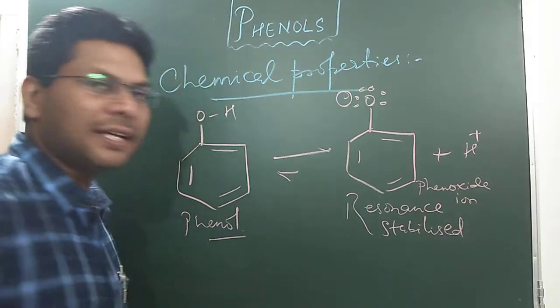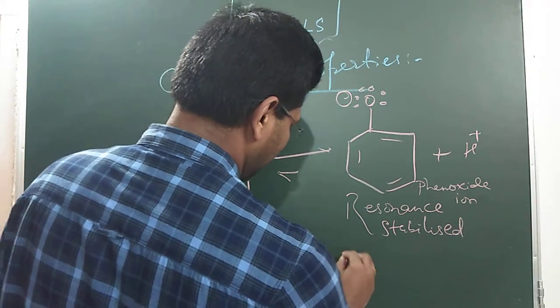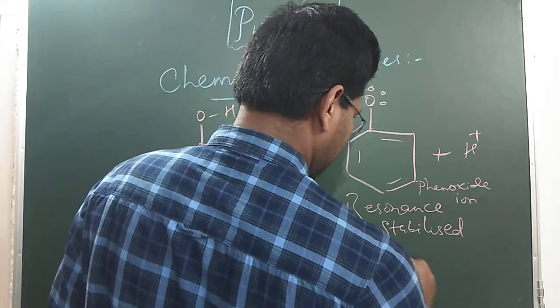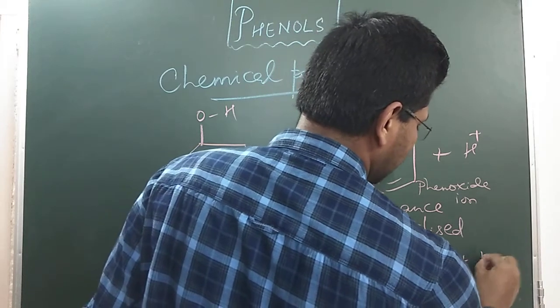If we compare the acidic strength of phenol with ethanol, we find that there is no resonance stabilization in ethoxide ion.